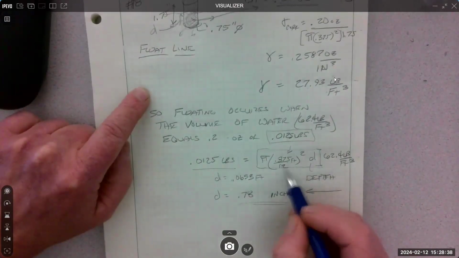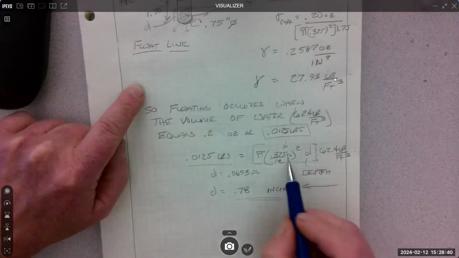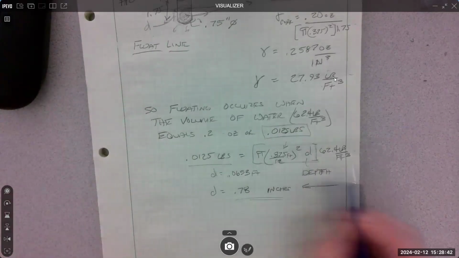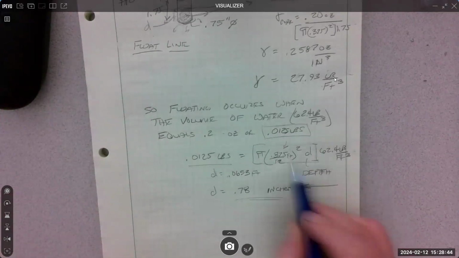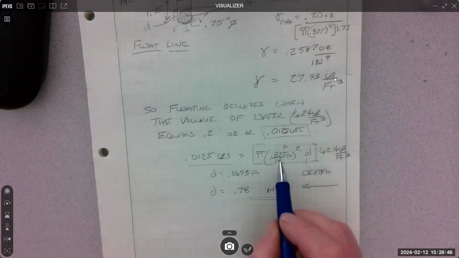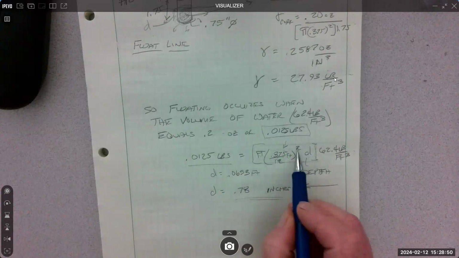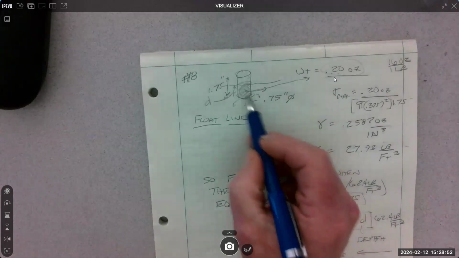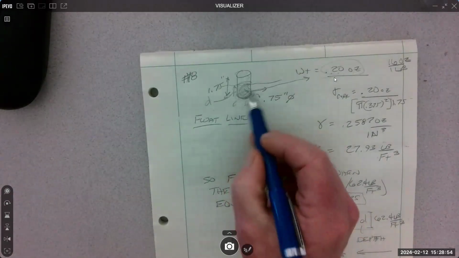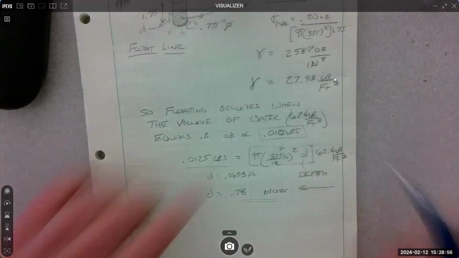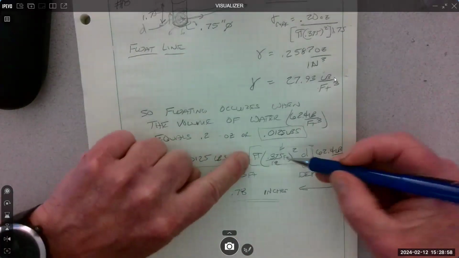And I divided by 12 to give me feet, because I really wanted this feet and this feet, right, to cross. So I took this radius, divide by 12, pi r squared is the area of the circle, and then times the depth is the volume. All right, so that's this statement here in feet squared.